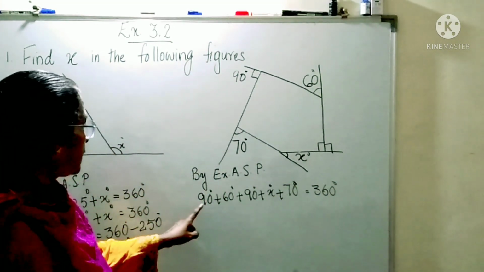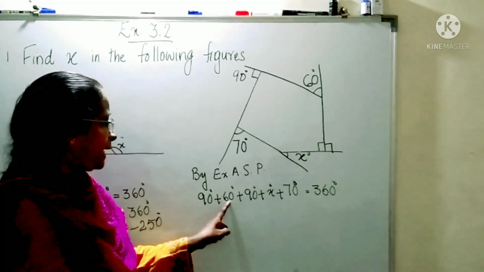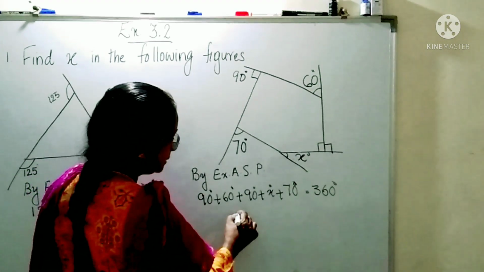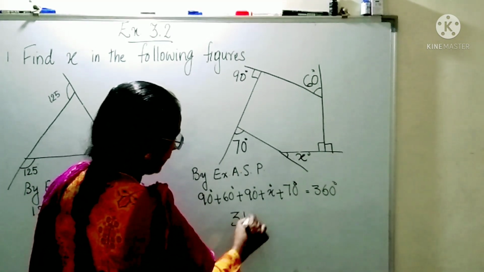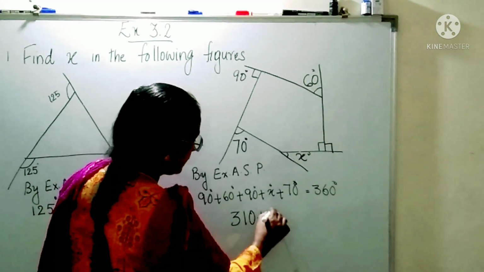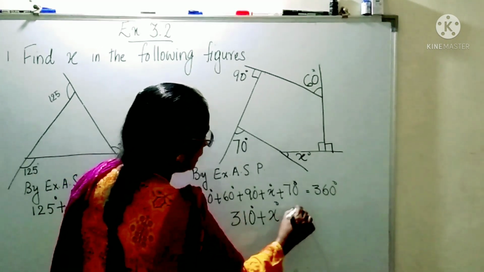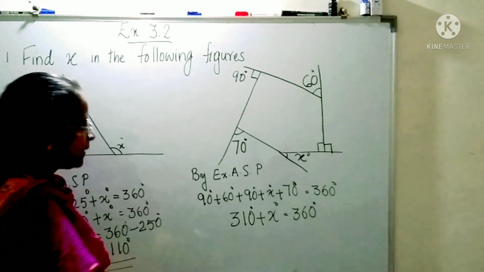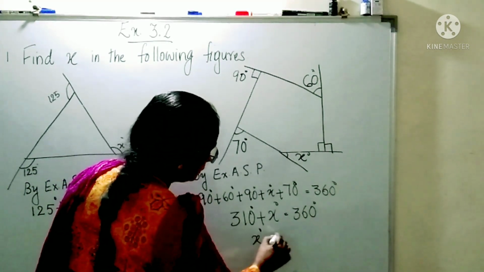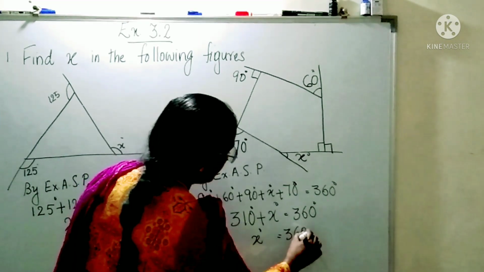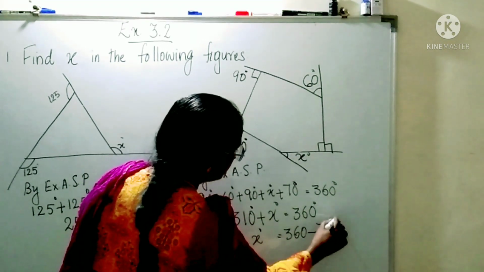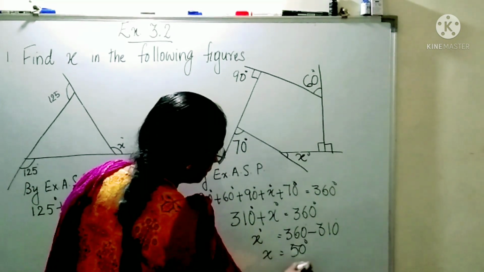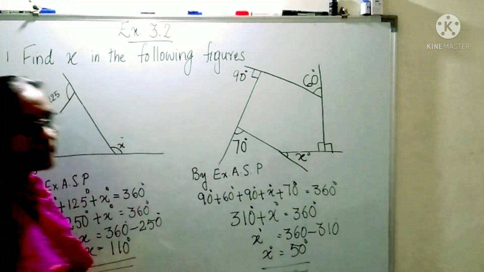Now add all this. 90 plus 90, 180. 180 plus 60, 240. 240 plus 70, 310, plus x equal to 360 degrees. Now what is the value of x? x is equal to 360 minus 310, which is equal to 50 degrees. So x is equal to 50 degrees.